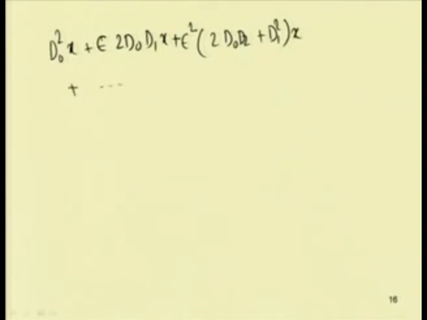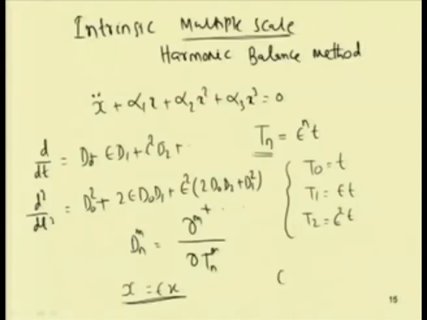So, it will be D0² x plus epsilon into 2 D0 D1 x plus epsilon squared into (2 D0 D2 plus D1²) x plus higher order terms plus alpha 1 x plus epsilon alpha 2 x squared plus epsilon squared alpha 3 x cubed equals 0. Here epsilon is a positive number which is very much less than 1.